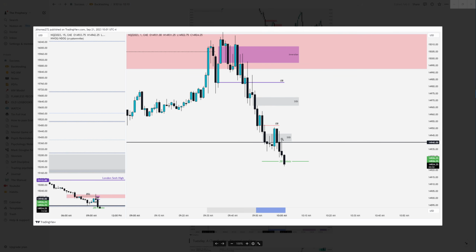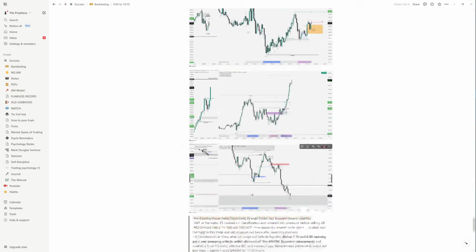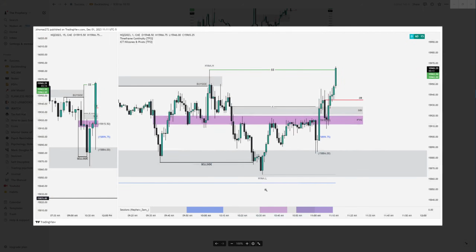Who cares? What was the bias? What are we trading into? What is the reason why this setup works? All that stuff is important. And obviously, as we get further into it, you have more stuff marked out. But even to me, this is useless at this point. I have no idea what's going on.